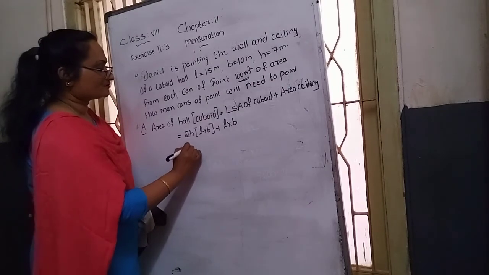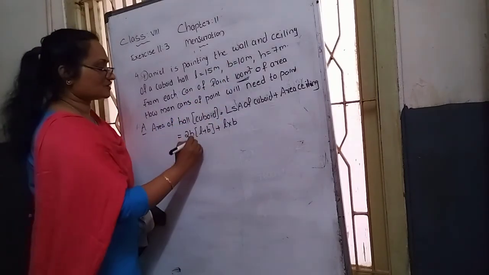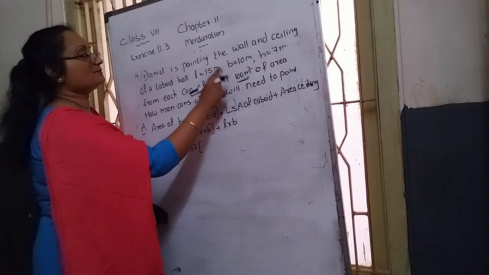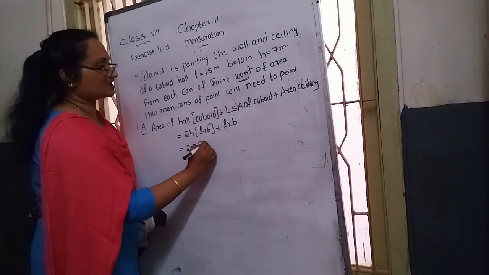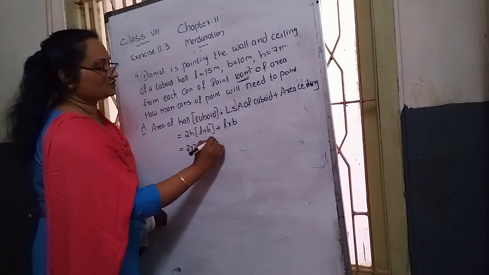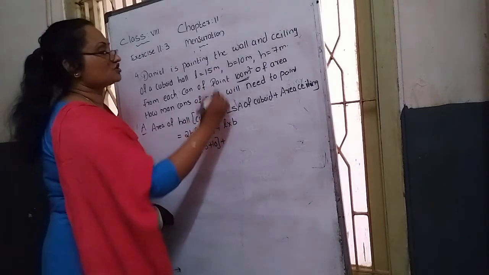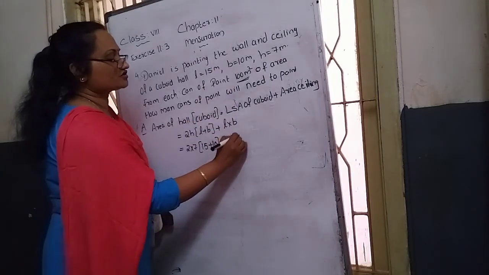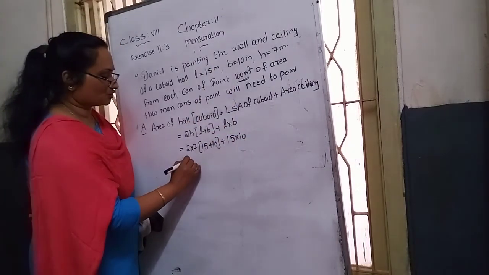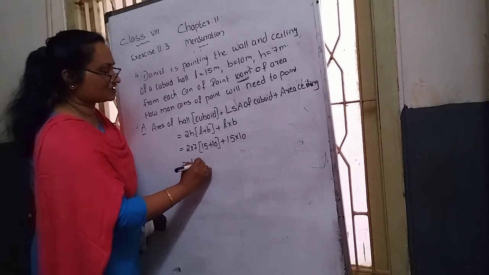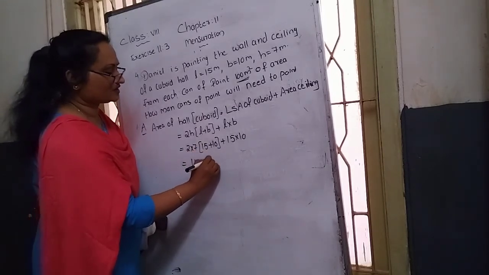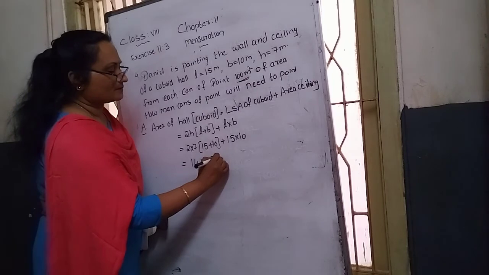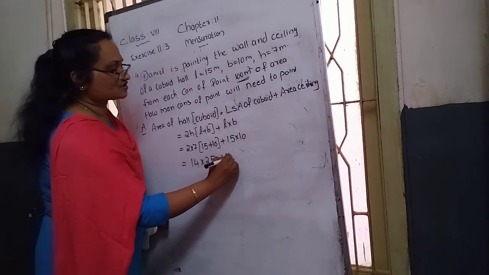Substitute the values. The height value is 7. Then l + b: the l value is 15 and the breadth value is 10. Plus length into breadth, that is 15 into 10. Then the calculation: 2 into 7 becomes 14, into 15 plus 10 which is 25. Plus 15 into 10 comes to be 150.